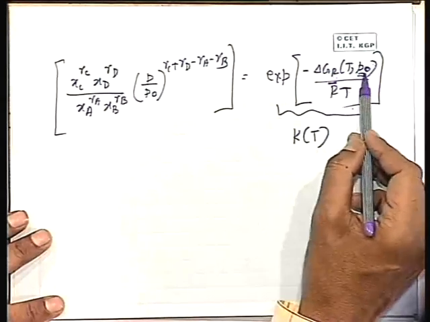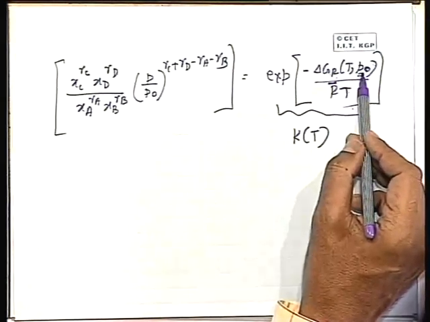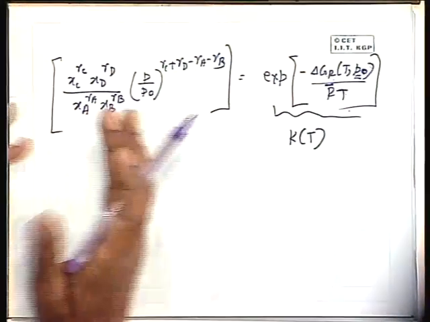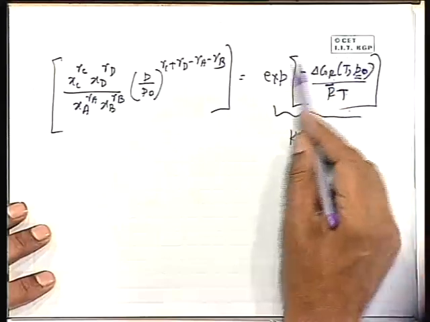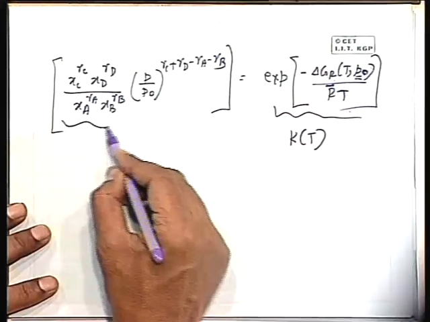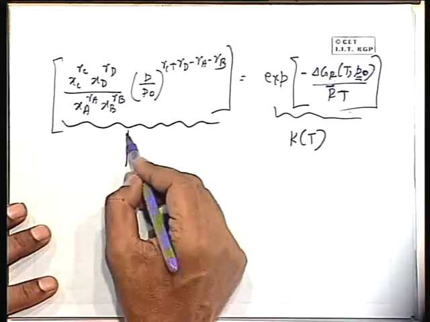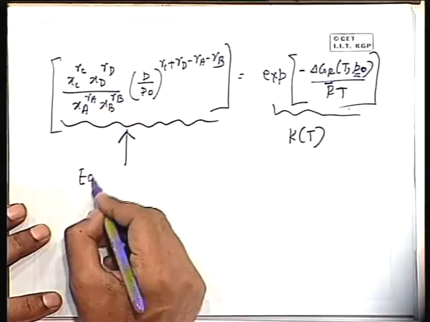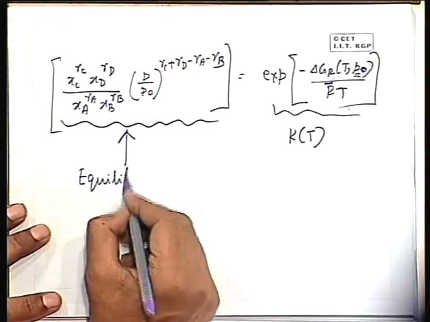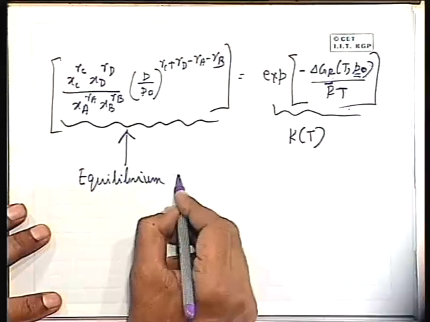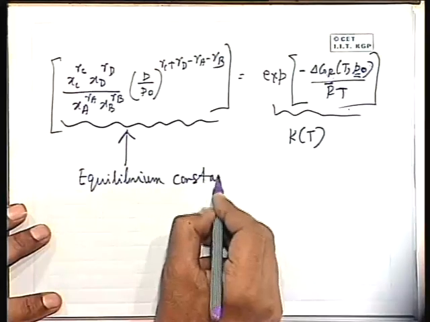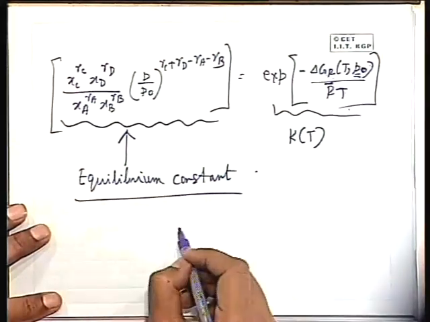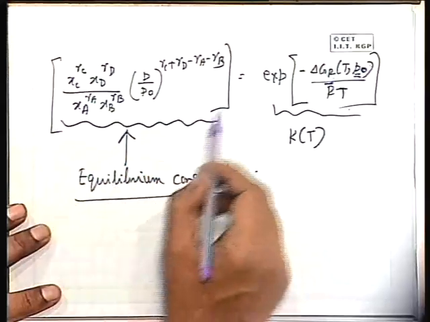So Gibbs function of reaction, like enthalpy of reaction, internal energy of reaction, is the change in the Gibbs function of the products minus reactants at that temperature. These are all functions of temperature. So this part is a function of temperature, and this is known as equilibrium constant. That means this is a function of temperature.